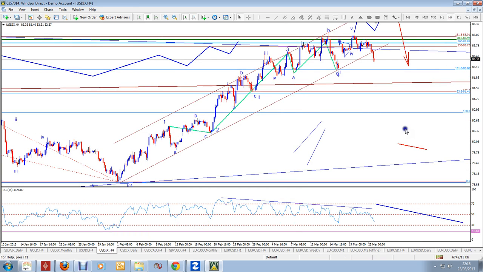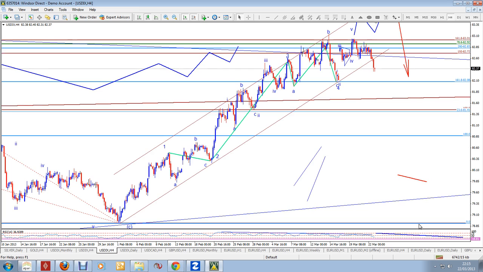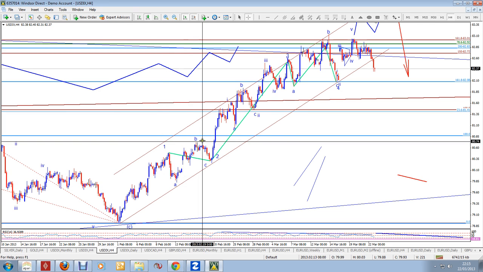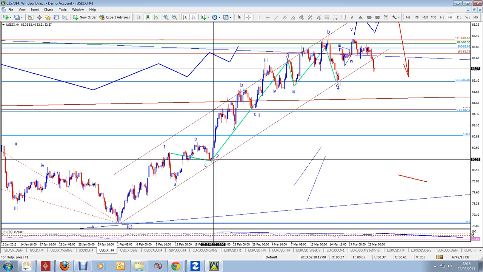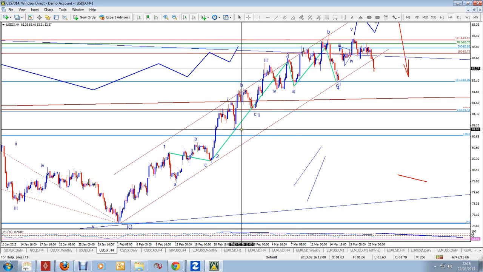So whilst it has been quite difficult to fully label the 5 waves in there, I am making an attempt, and I have outlined that this one I'm calling wave 1, then we had this ABC as a running flat within this channel, so that's a wave 2, and then over here is possibly wave 3.